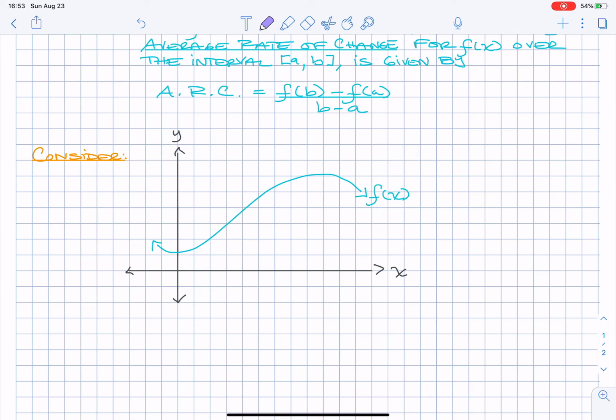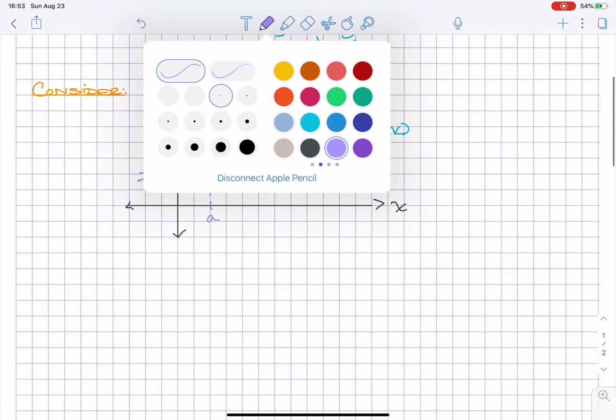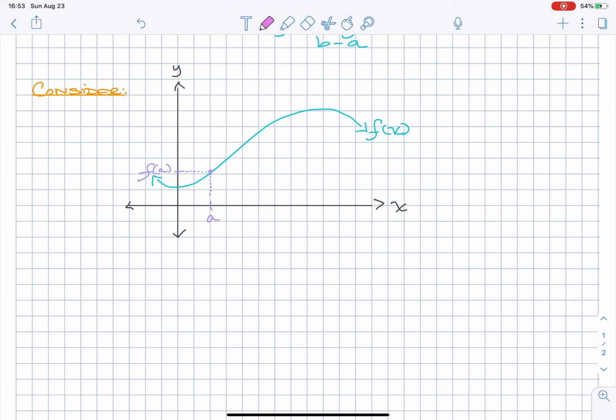And let's look at a point A on the x-axis. So the corresponding value for y would be f at A. Now let's look at a point B on the x-axis.